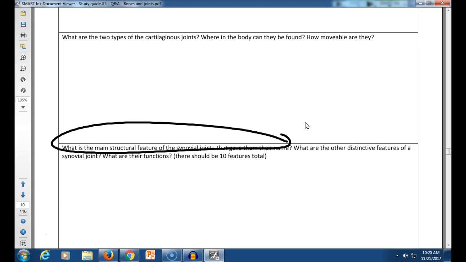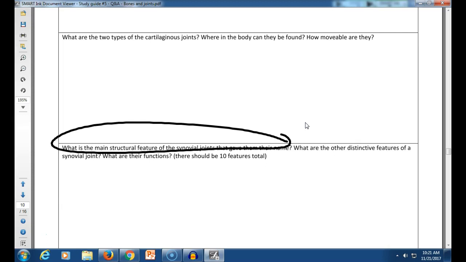Often there are ligaments that stabilize the joint. Okay, ligaments that stabilize the joint can be extracapsular, outside of the capsule, capsular, and intracapsular.